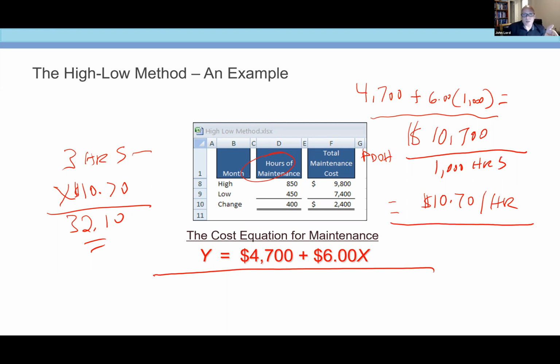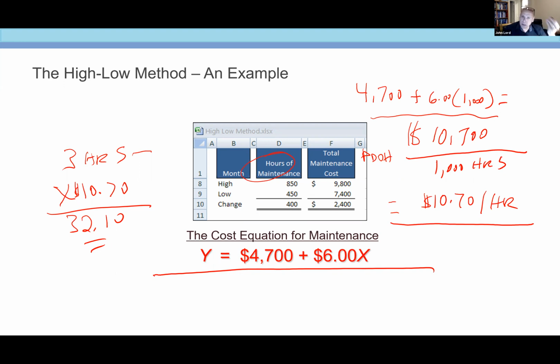And I had to do it this way because overhead, I can't trace it directly. It's things like my electricity bills, things like my factory depreciation. It's indirect by definition. Labor and materials means it's too difficult. So I apply those costs using that predetermined overhead rate. How do I come up with a predetermined overhead rate? Regression analysis would probably be better, but we don't need to worry about the sophistication of the method.